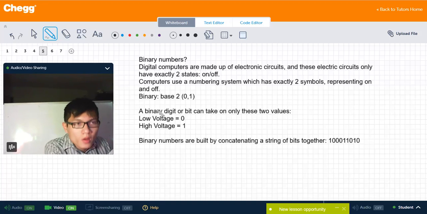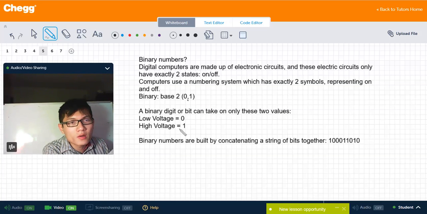A binary number, binary digit, or bit can take only two values, 0 or 1, and usually 0 represents low voltage and high voltage is represented by 1.